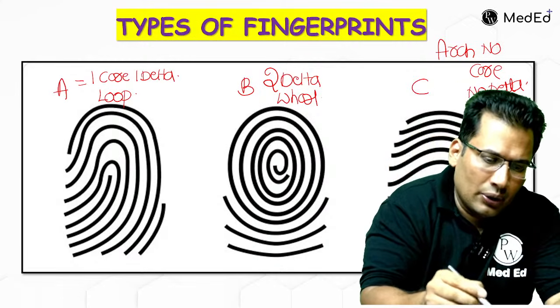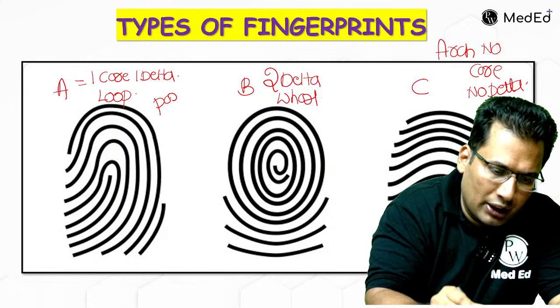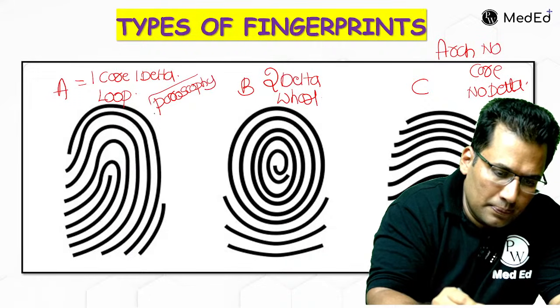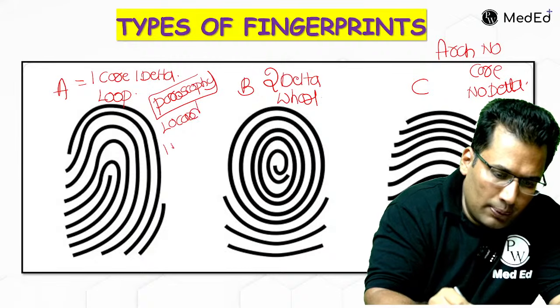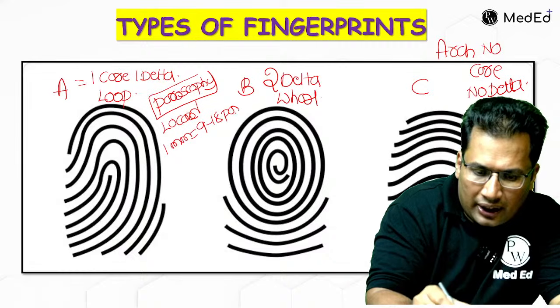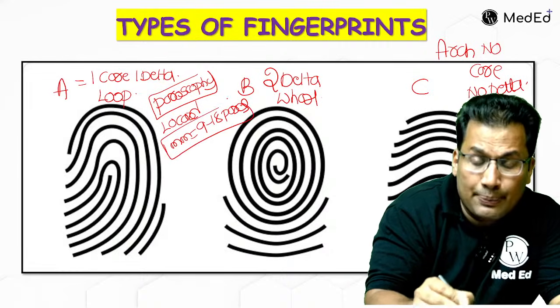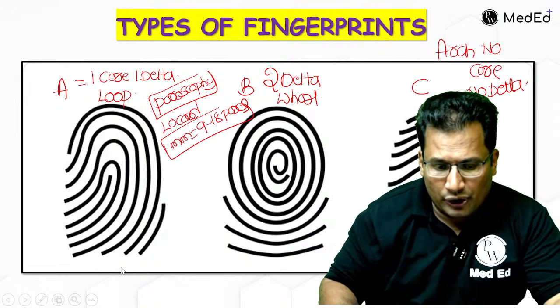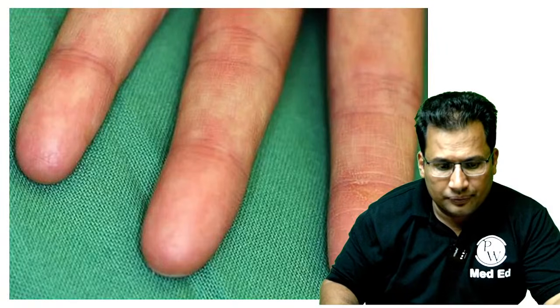So in exam, you can mention poroscopy. In 1 millimeter area, around 9 to 18 pores are there. The arrangement of pores is known as poroscopy. This is a good question, very commonly asked.